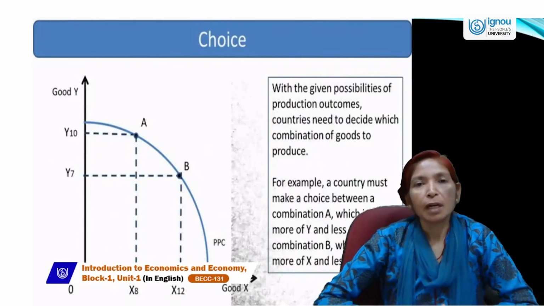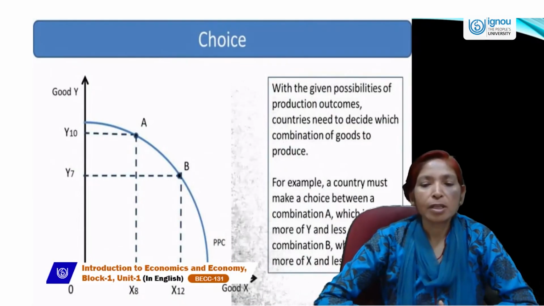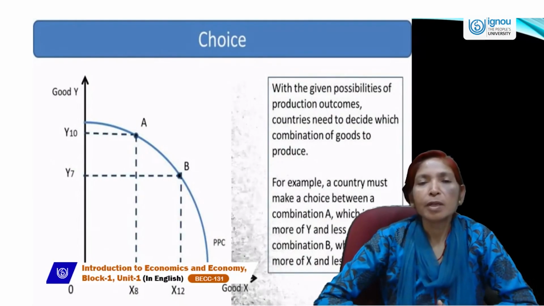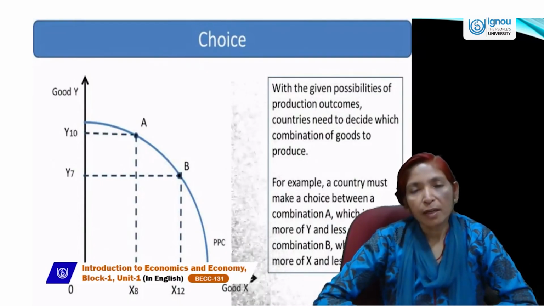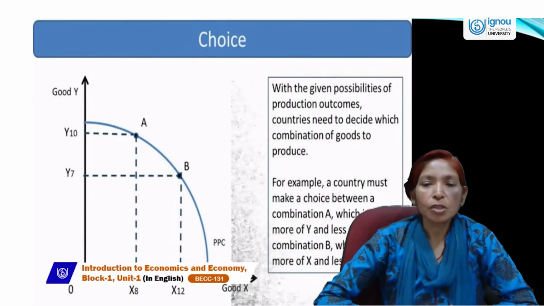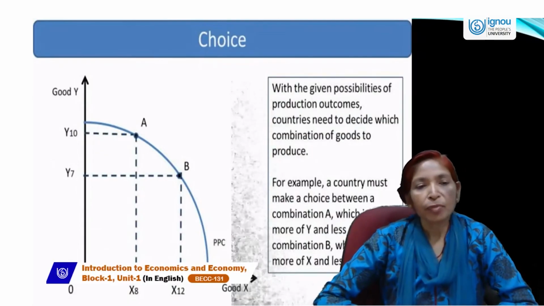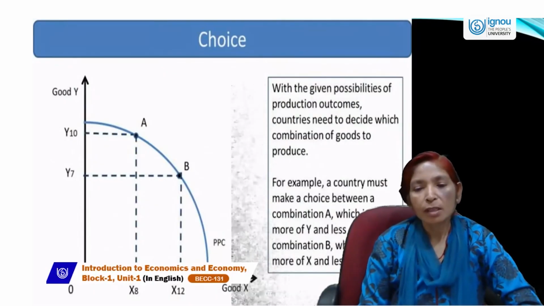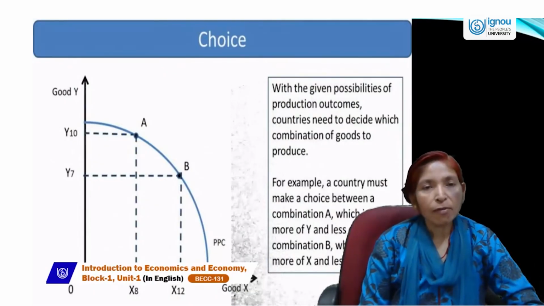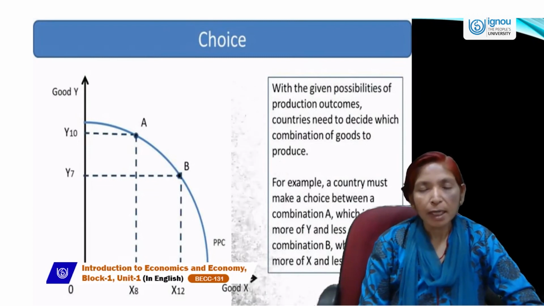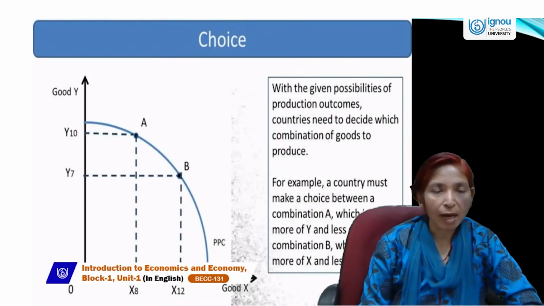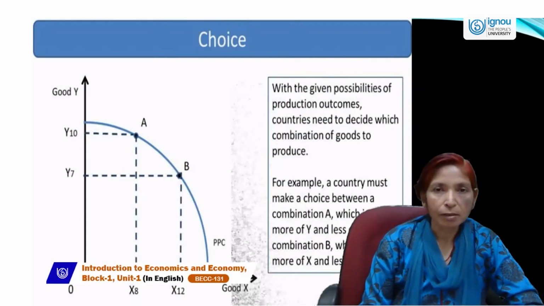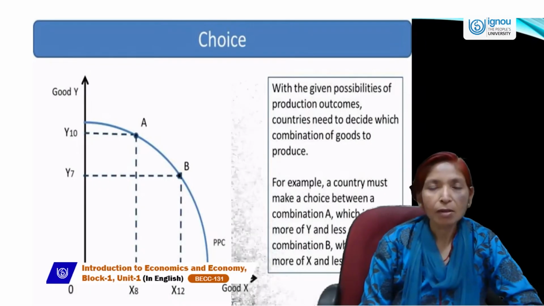For example, a country can make a choice between a combination A, which implies more of commodity Y and less of commodity X. Or either a firm or a country can choose combination B, in which units of Y commodity are falling and units of X commodity are rising. So we have to make a choice which option we will select, A or B.